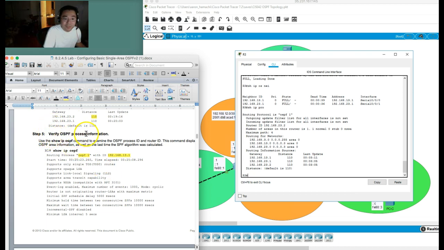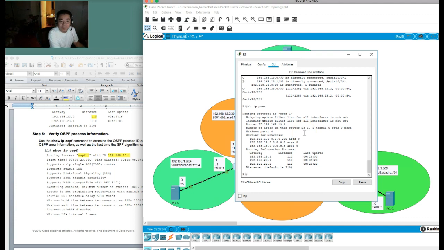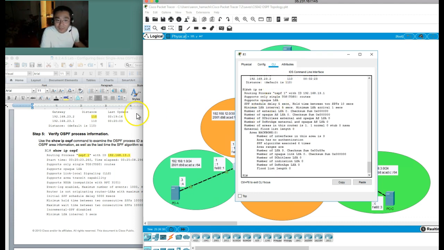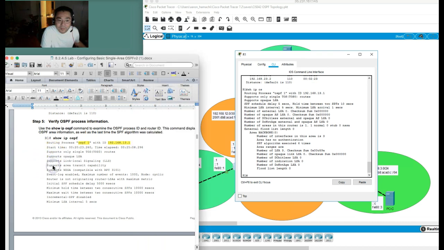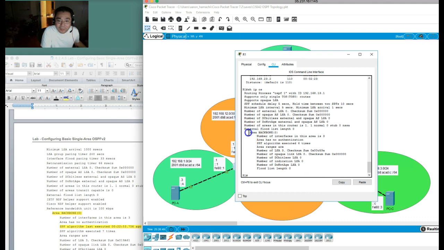Verify OSPF process information. So that would be show IP OSPF. And the router ID is this. Okay, and it is the backbone area, area 0.